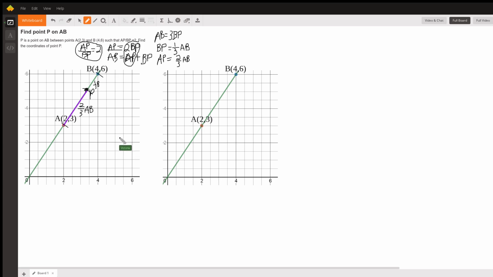Now, we could do this. We could put P right here and call it XY, and then realize that this line has an equation, y equals 3/2 x, and then use that for P. Instead of saying XY, we could say X and then 3/2 x, and then we could do the distance formula with a whole lot of algebra and solve it using the distance from P to A, which would be the square root of x minus 2 squared plus 3/2 x minus 3 squared, and then do the same here.